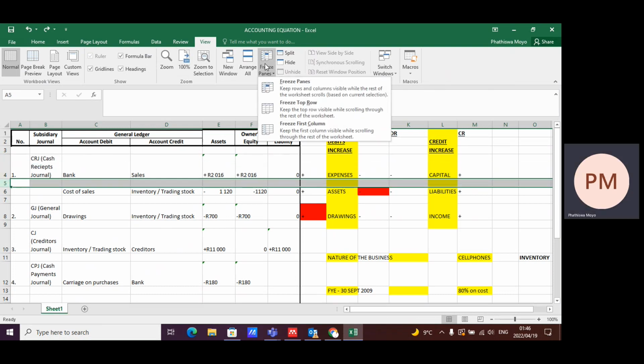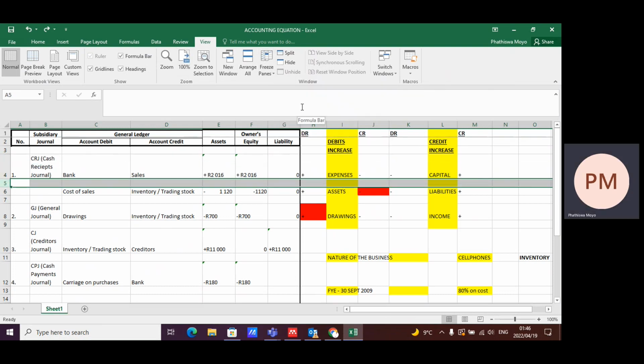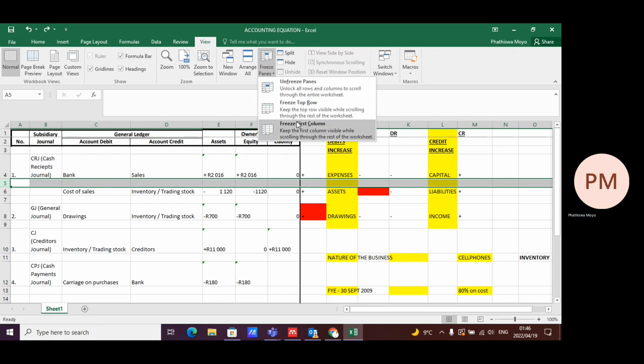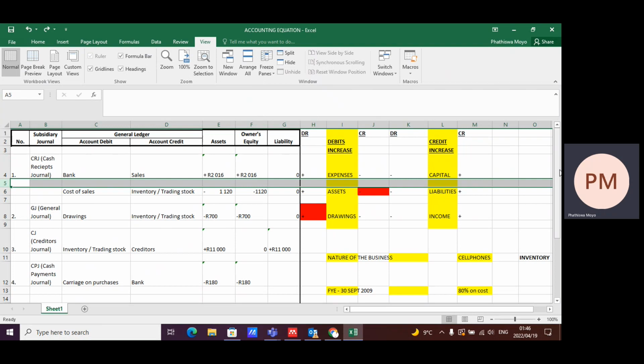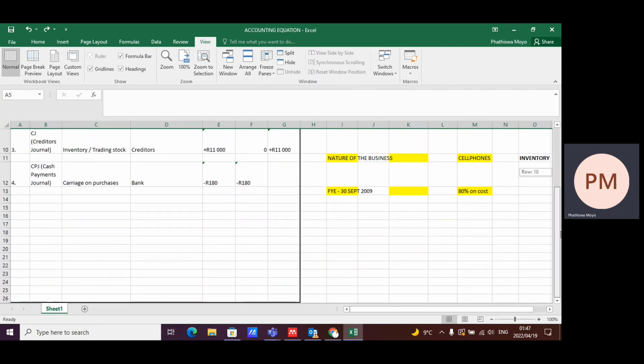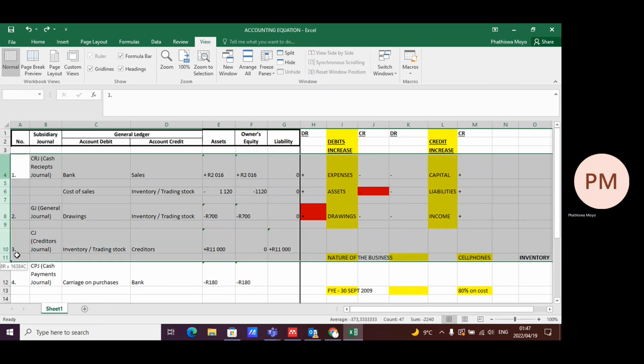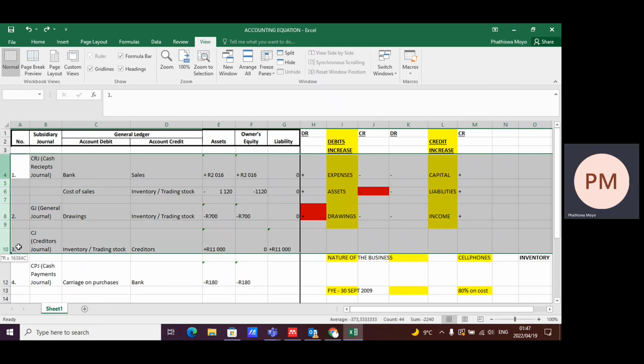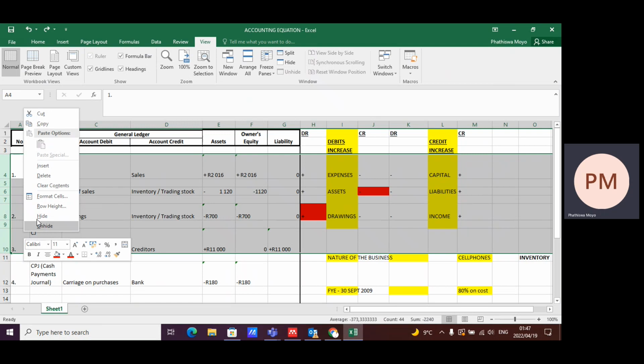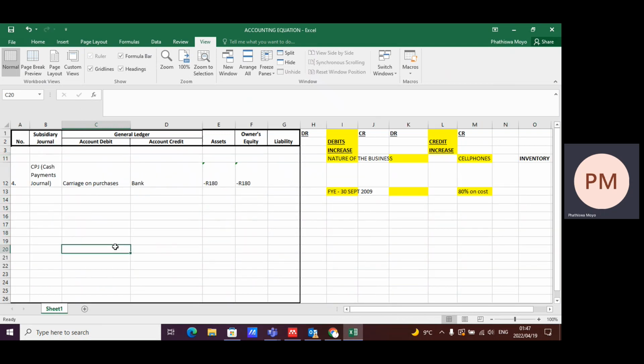It's only if I wanted to freeze panes. Okay, let's just hide. So hiding will also hide debits and credit, which is not cool, but it's fine. Let's just improvise on that one.